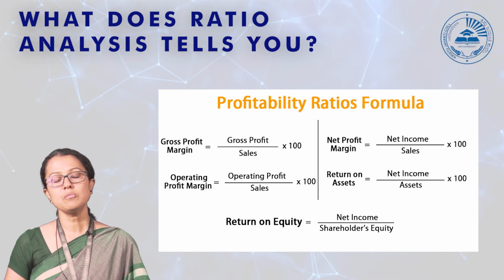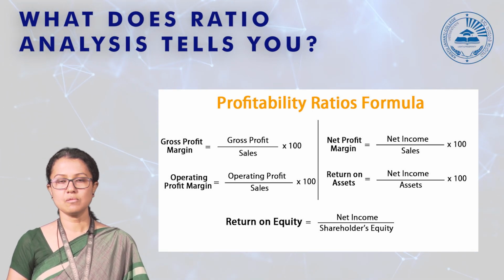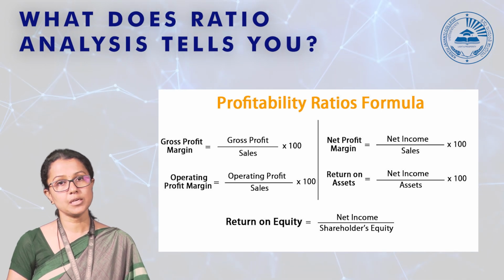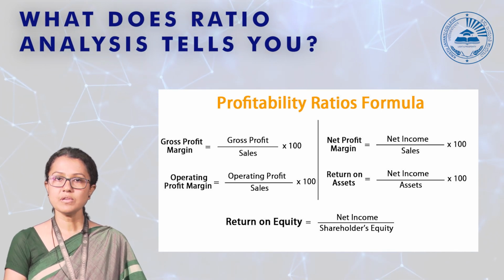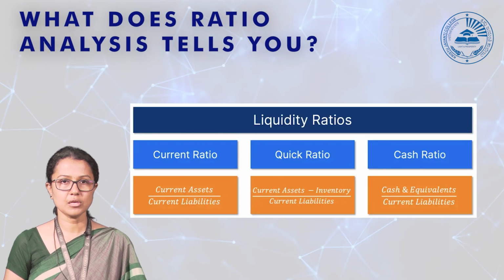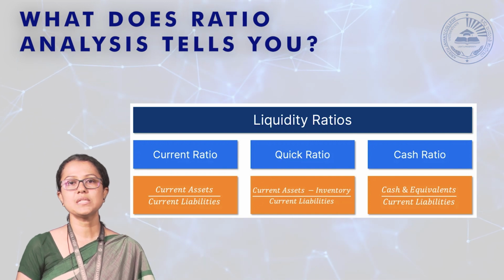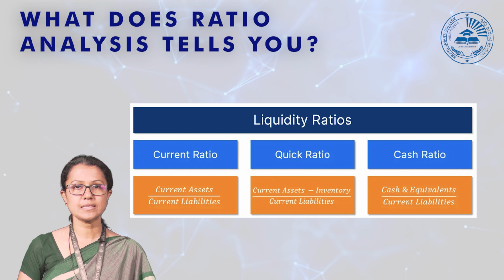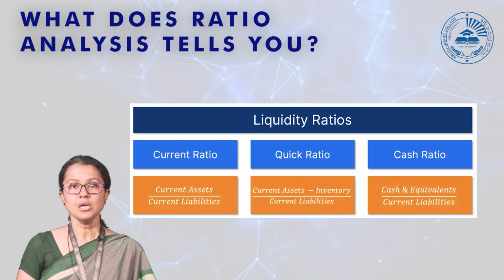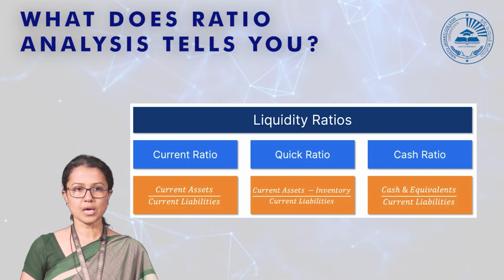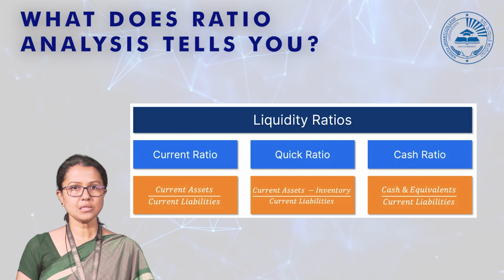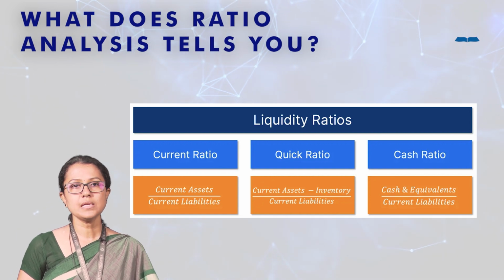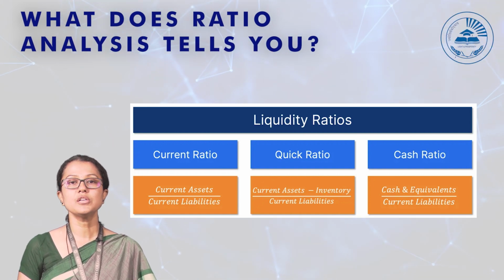So we could say mostly the liquidity position can be easily identified by using ratios, and we have a set of ratios called liquidity ratios. The concept of liquidity is very common in finance. All accounting students will know it. It is nothing but showing the ability to convert your assets into cash. So ratio analysis will tell you how easily an asset can be converted into cash.